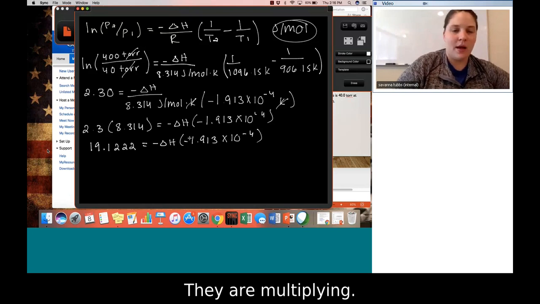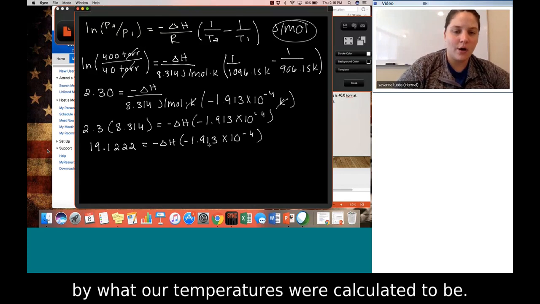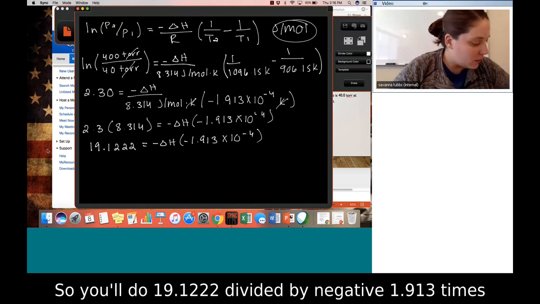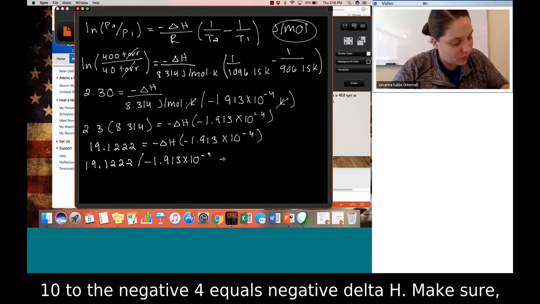They are multiplying, so all you have to do is divide our left side of the equation by what our temperatures were calculated to be. So you'll do 19.1222 divided by negative 1.913 times 10 to the negative 4 equals negative delta H.